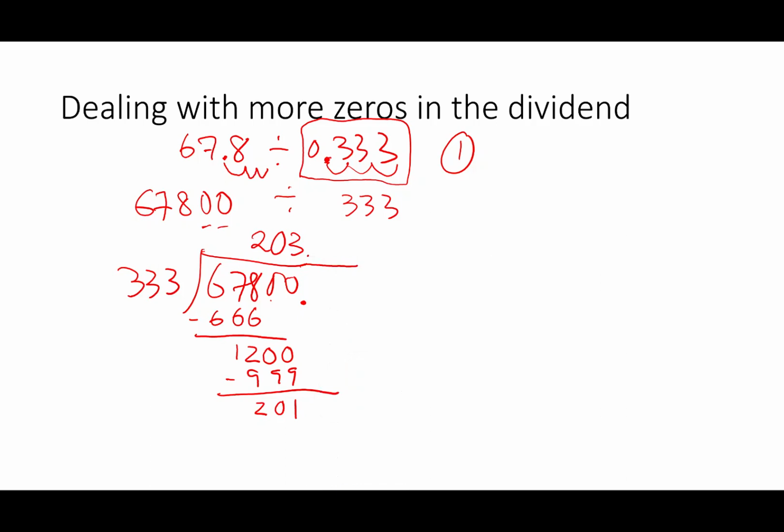So we see that the division doesn't work out evenly, right? In fact, we can keep on going, right? So let's say, when do we stop? We can still continue doing the division.